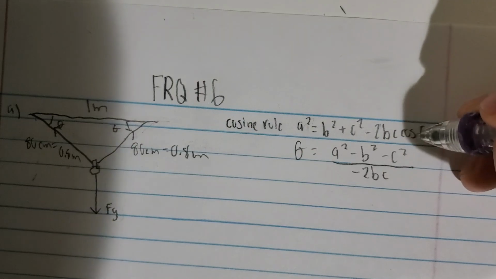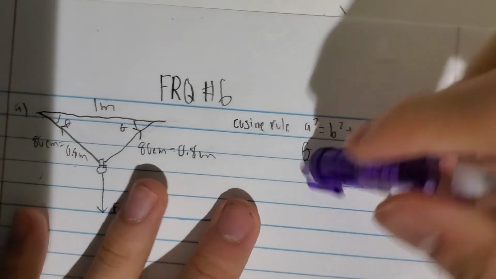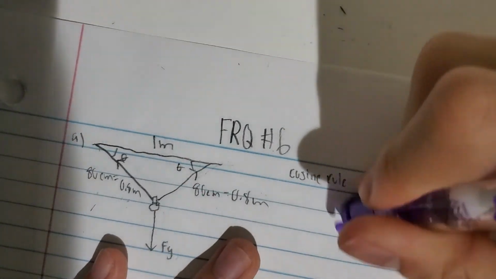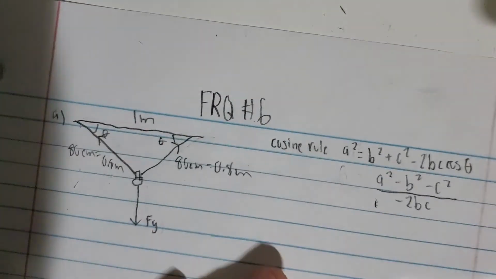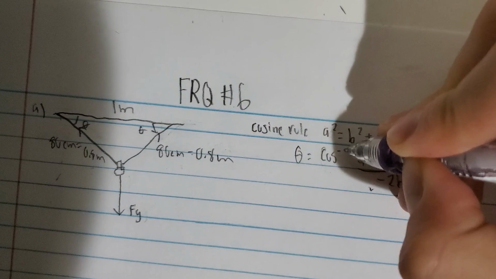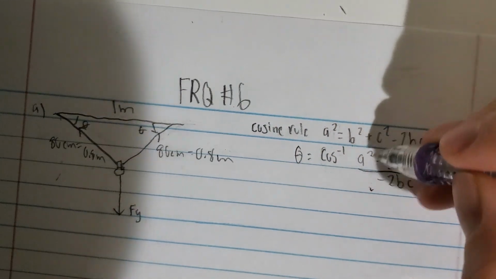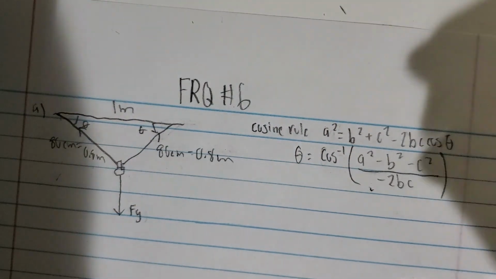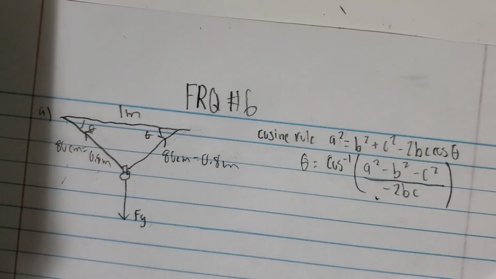And then I still have cosine left, so I'm going to have to take the arc cosine of this whole thing.